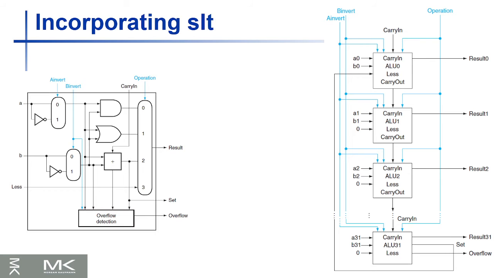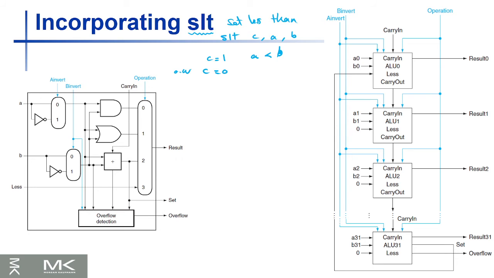Now let's upgrade a little bit more and include the functionality of set less than. That was an instruction in MIPS. So let's remember this instruction, set less than C, A, B. C will be equal to 1 if A is less than B. Otherwise, C will be equal to 0.